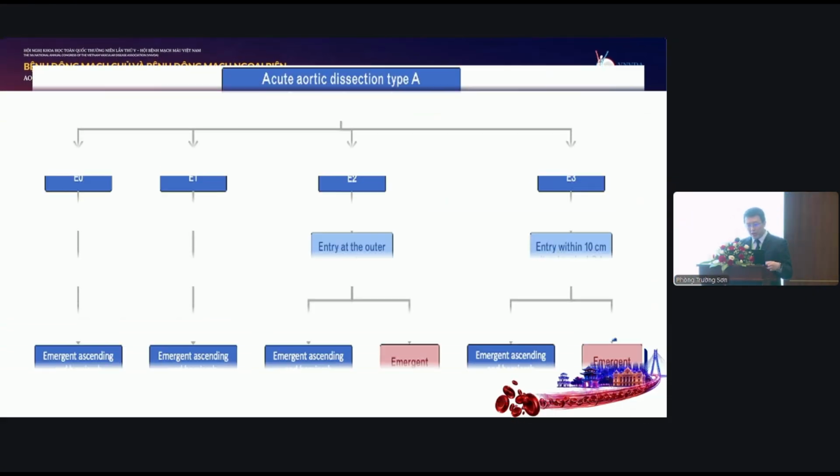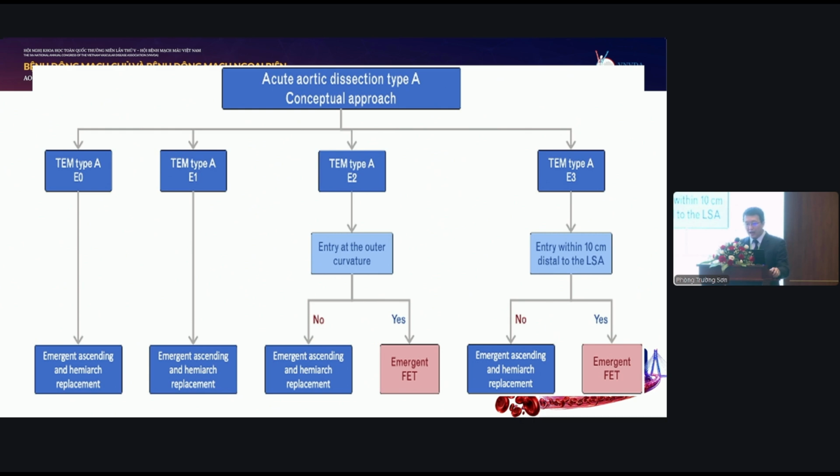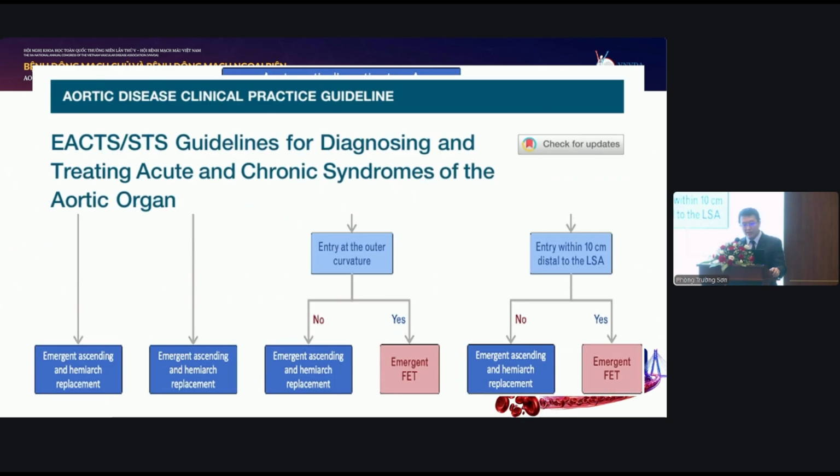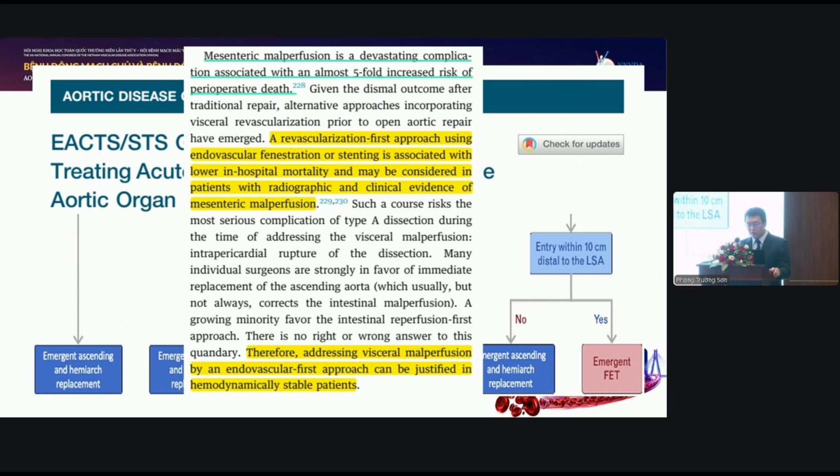We can go back to the guideline from the EACTS and STS. This patient has significant malperfusion, so an endovascular-first approach can be justified before opening the proximal landing zone, if there is no evidence of rupture in the ascending aorta.